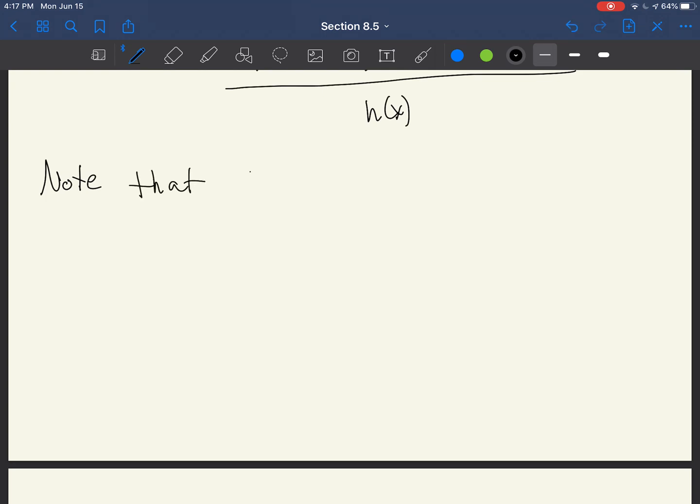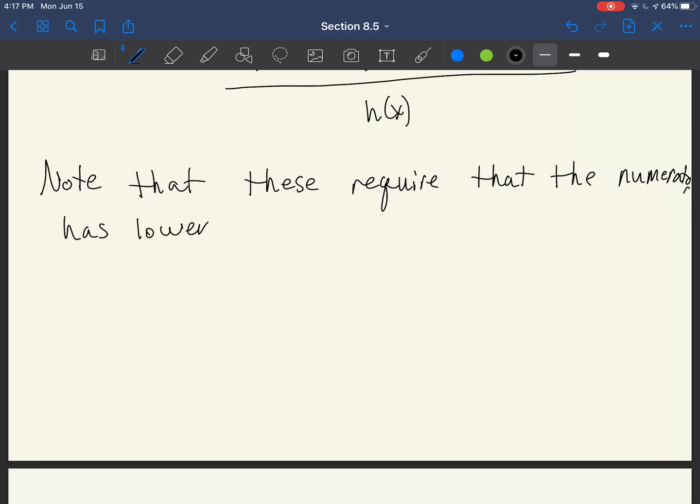Okay, last example. Note that in order to use partial fractions, this requires that the numerator has lower degree than the denominator.